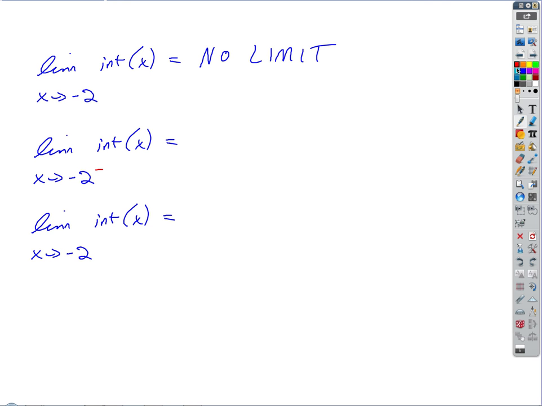Okay, so the answer is -3. Well, what about this one? As x approaches -2 from the right, that's going to be a value like -1.999, right? See what I'm saying? And so that's going to be slightly more positive, and so then what's the answer going to be? -2, right?